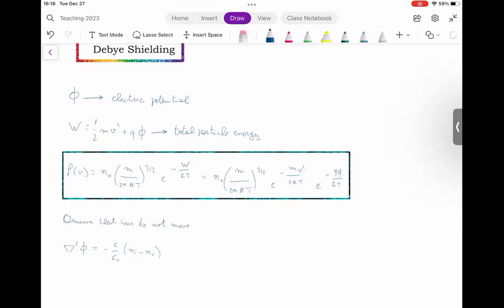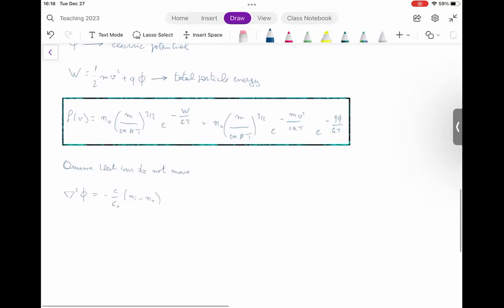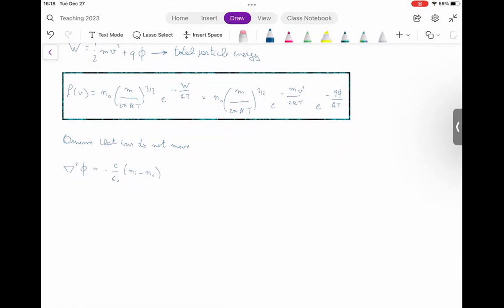Everything is only going to depend on the distance between the test charge that I put into my system and the point in space where I'm looking at the solution.